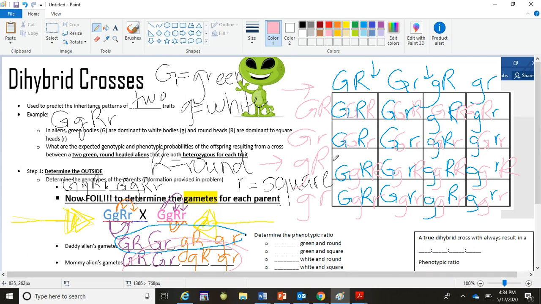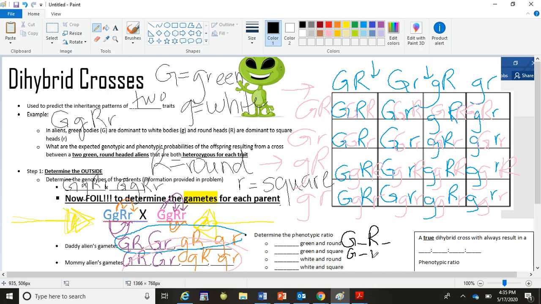So here, I like to think of green and round as double dominant. They have at least one capital G and at least one capital R, because they're going to be showing both dominant traits. Green and square means they have a capital G, and it doesn't matter if they have another capital G or lowercase g. Either way, they're going to show the dominant green.